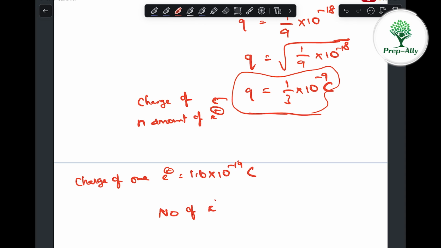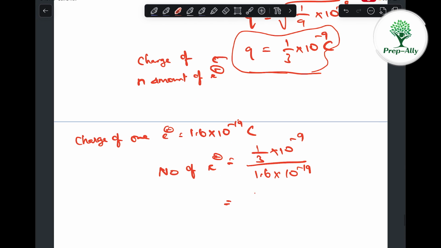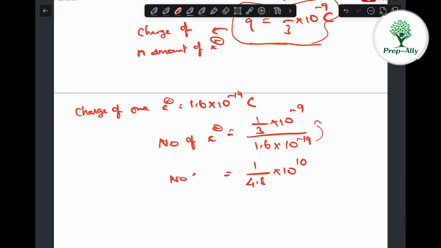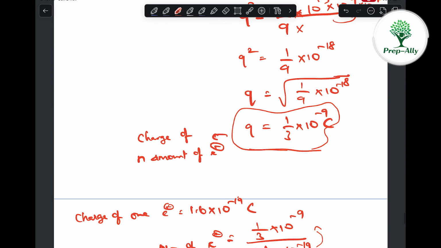The number of electrons is the overall charge produced by n electrons divided by each electron's charge, which is 1.6 into 10 power minus 19. So 1 by 3 into 1.6 gives 4.8, and if I take this up, it becomes 10 power plus 10. So this is the number of electrons in one single sphere, because we used only Q, not Q square, since Q square gives the charge of 2 spheres.